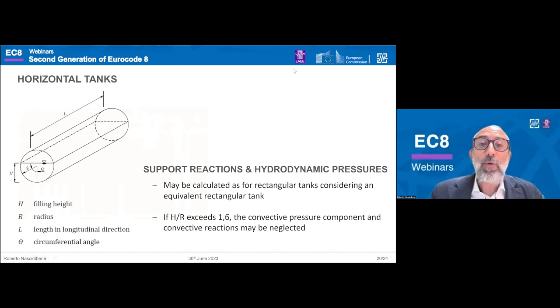Then in our mandate, there's also the horizontal tank that may be more or less calculated using an equivalent rectangular tank model, and in case the slenderness is more than 1.6, the convective pressure component and reaction may be neglected.